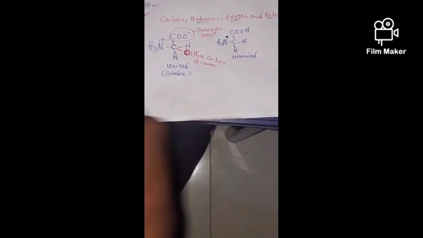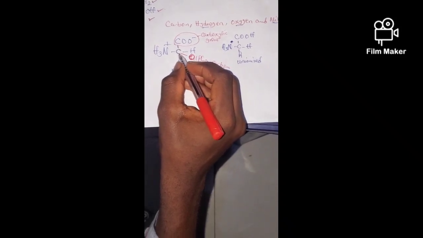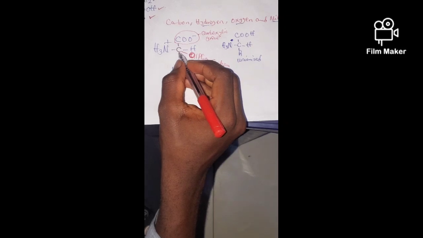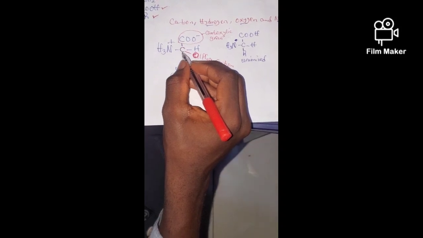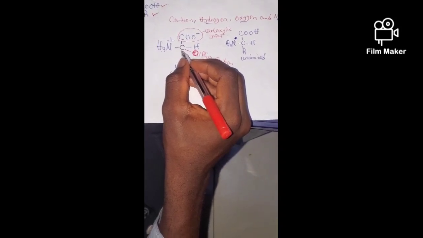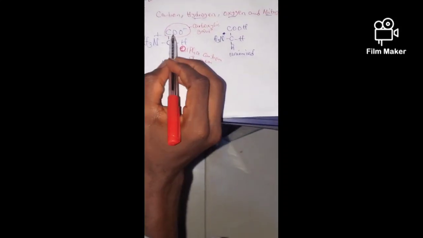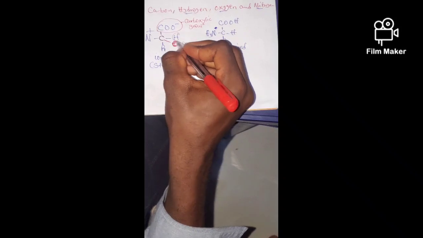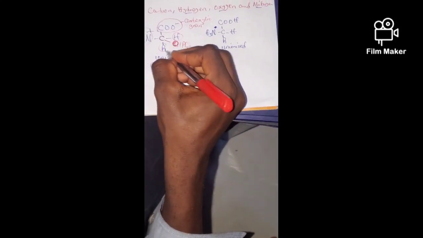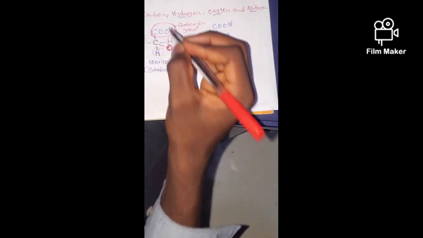The alpha carbon, that is the second carbon atom of amino acids, is joined by a covalent bond to 4 different groups. You can look at the groups attached to this very carbon atom here. We have the hydrogen, we have this amino group, we have the side chain, and we also have the carboxylic group.